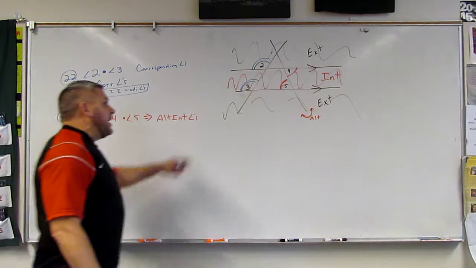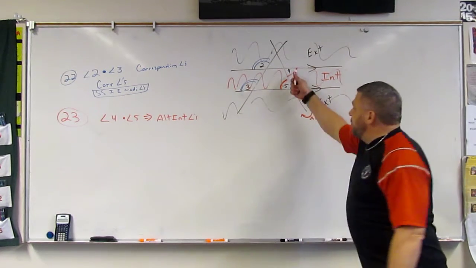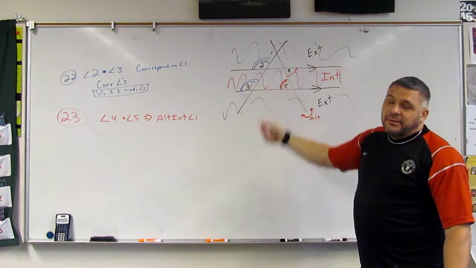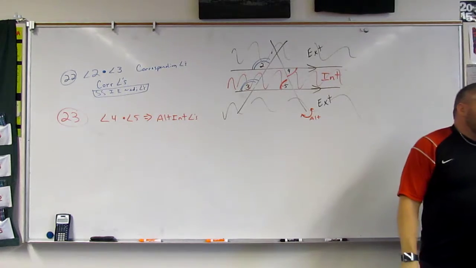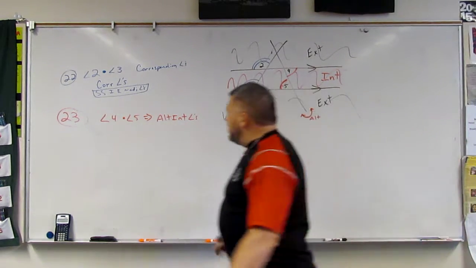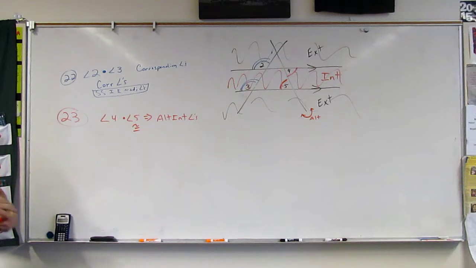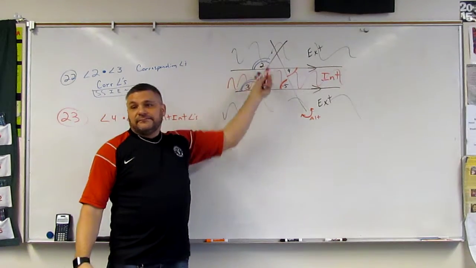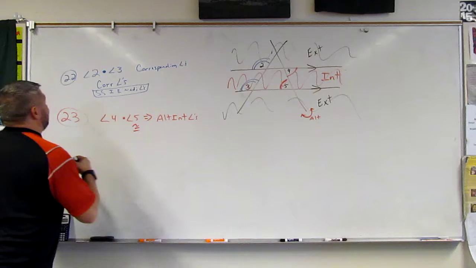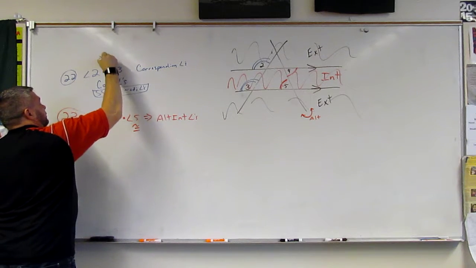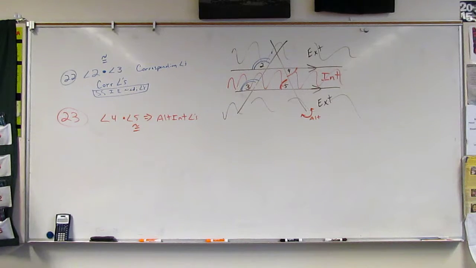Now, because these are parallel, we should know that these are congruent. The great thing about these is that they're congruent. 2 and 3 are congruent. Right?